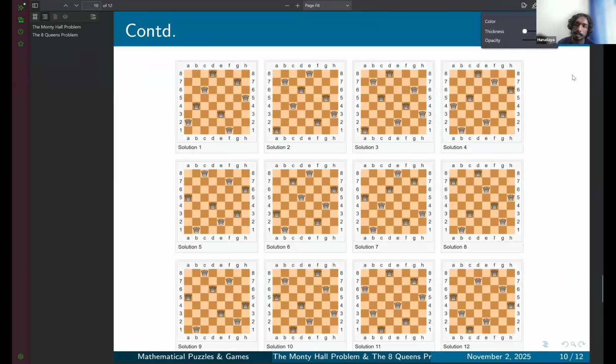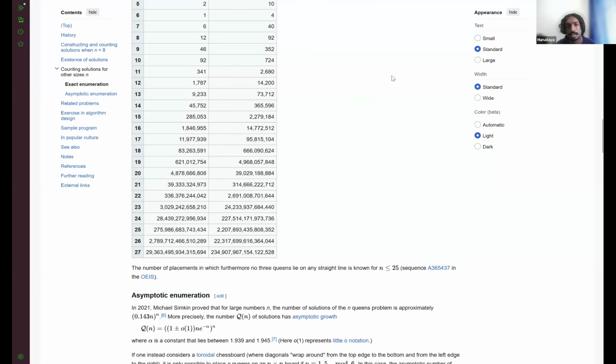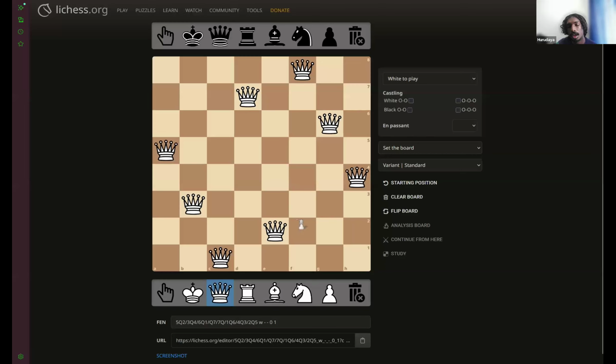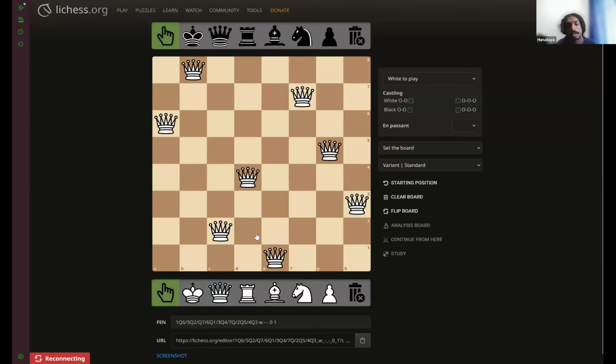Let's go back to this one. Given one solution, how many other solutions can I get from it? So actually, it is already a known fact that there are 92 possible solutions in total.